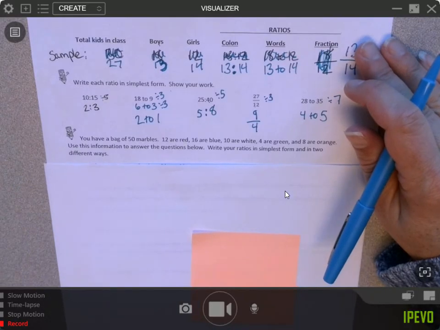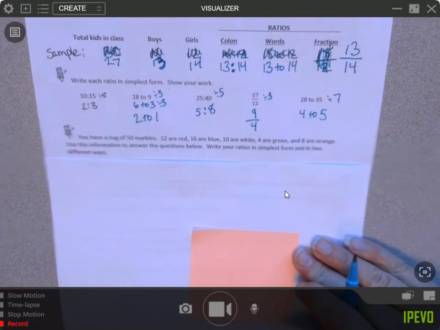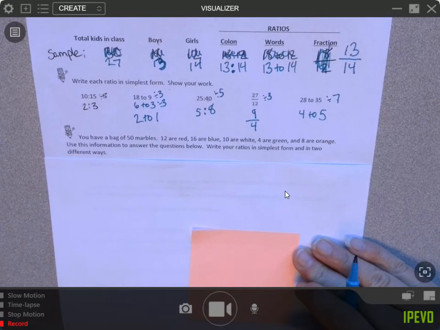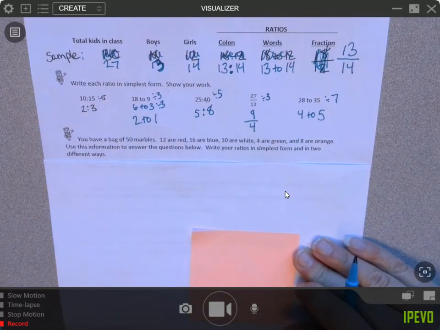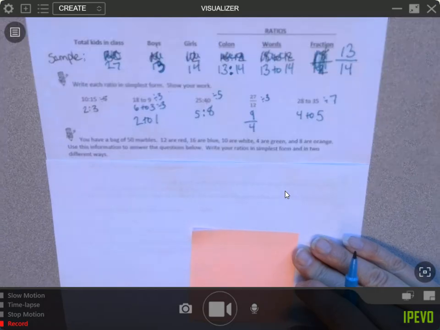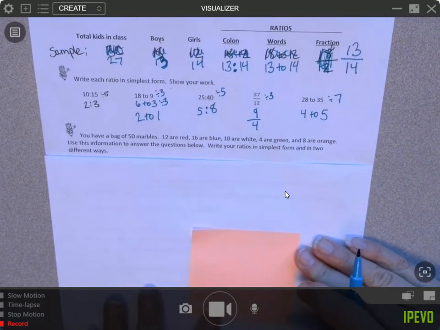And it says, you have a bag of 50 marbles. 12 are red, 16 are blue, 10 are white, 4 are green, and 8 are orange. Use this information to answer the questions below. Write your ratios in simplest form and in 2 different ways. So we have 3 ways.